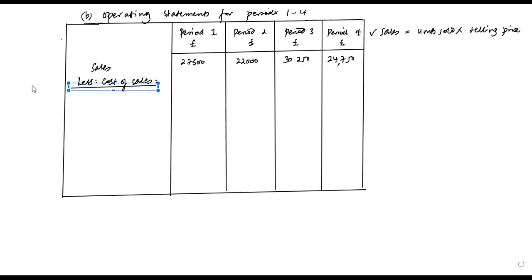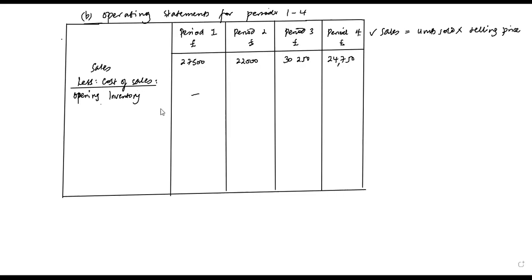So we less the cost of sales, and under here we have our opening inventory. And remember, in period 1, there was no opening inventory according to the question. Just take you briefly back to the question for you to see that.